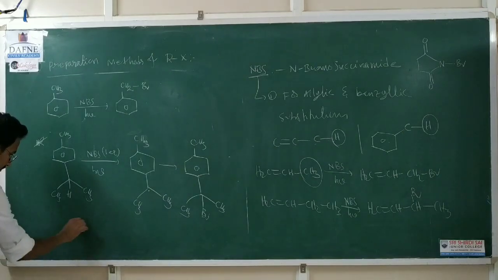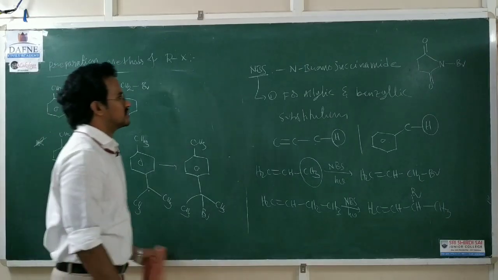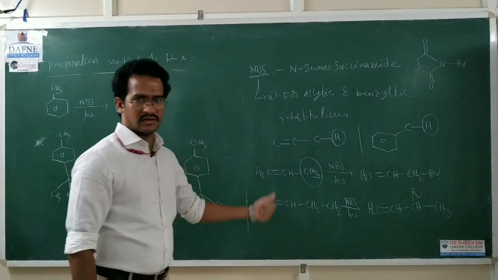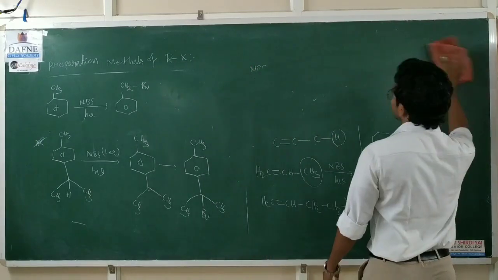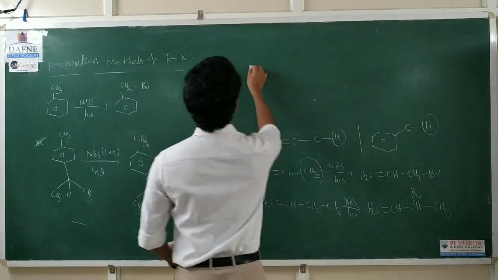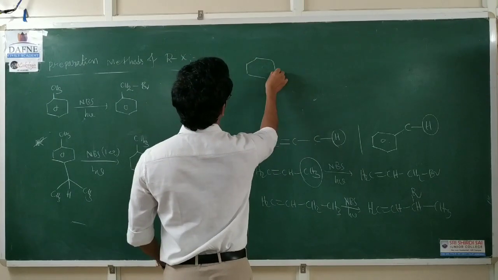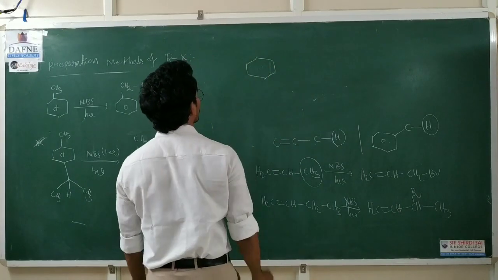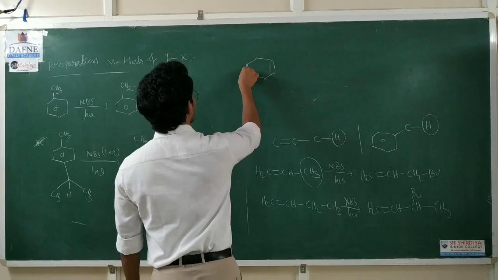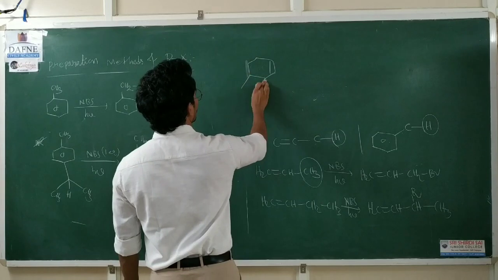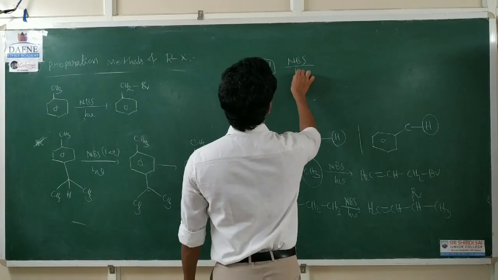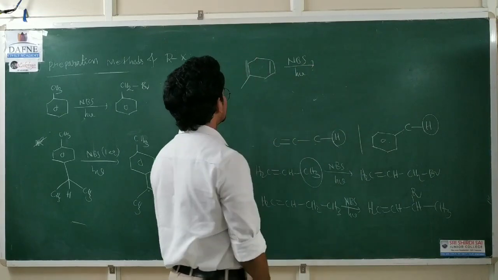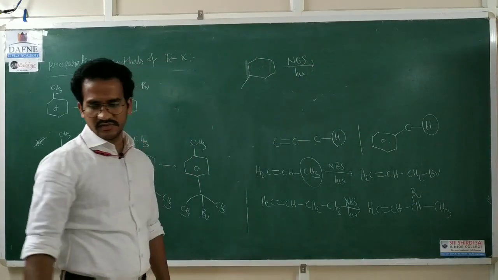And this one, I think there was a previous question on this NBS. Okay, you can write this one. Yes, this one. NBS, light. Actually here in this case, there are two types of allylic carbons.